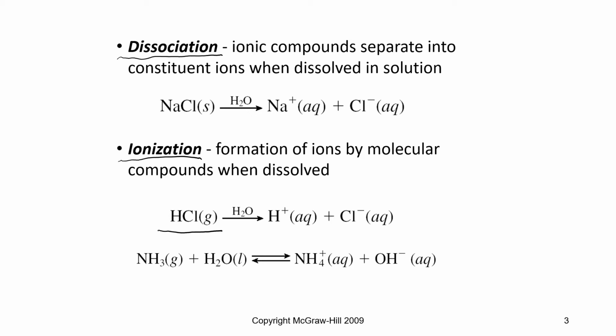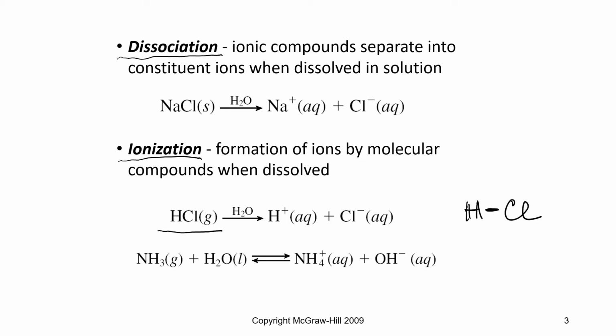And so when HCl dissolves in water, the chlorine atom, and if you recall, this is what HCl looks like, and even though we haven't gotten to this topic yet, this bond is formed by the sharing of an electron from hydrogen and an unpaired electron from the chlorine atom.